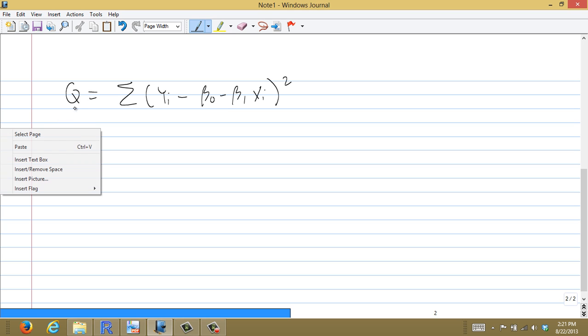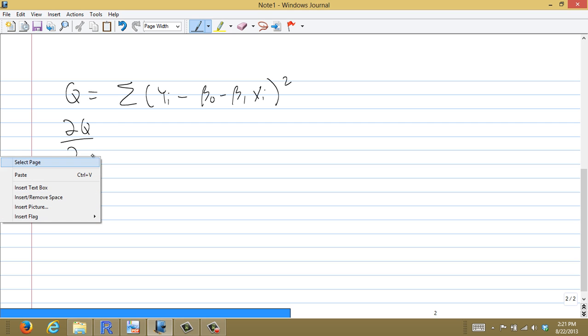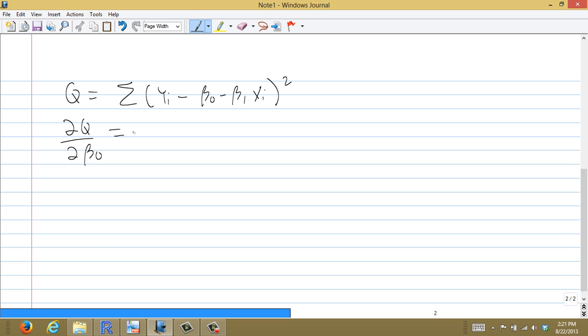So the first thing we'll do is take the derivative of this function with respect to beta naught. And when we take the derivative, we get the sum of y sub i minus beta naught minus beta 1 x i, and we set that equal to 0.